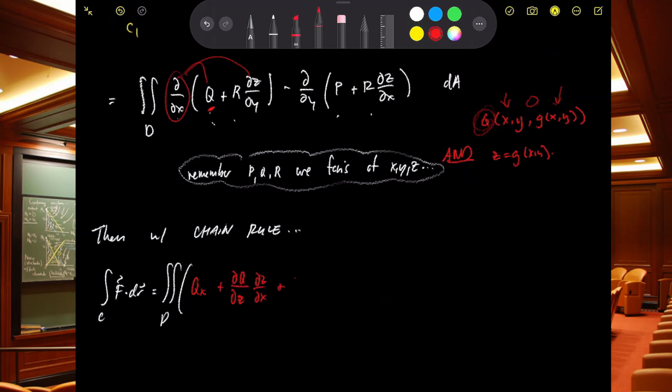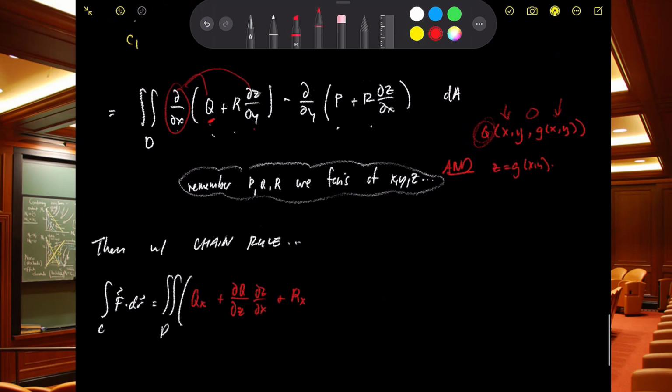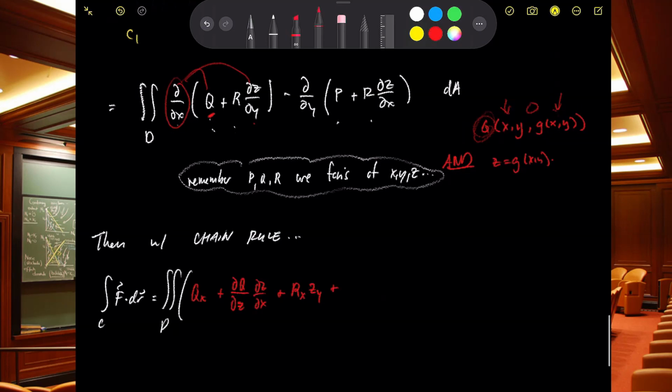okay, plus same thing for r sub x, where we had this partial with respect to z with respect to y. And so that's that first part here.